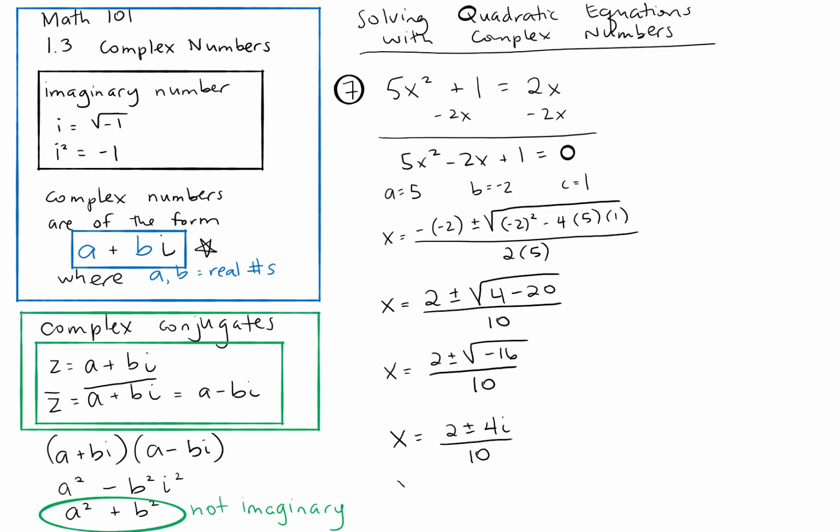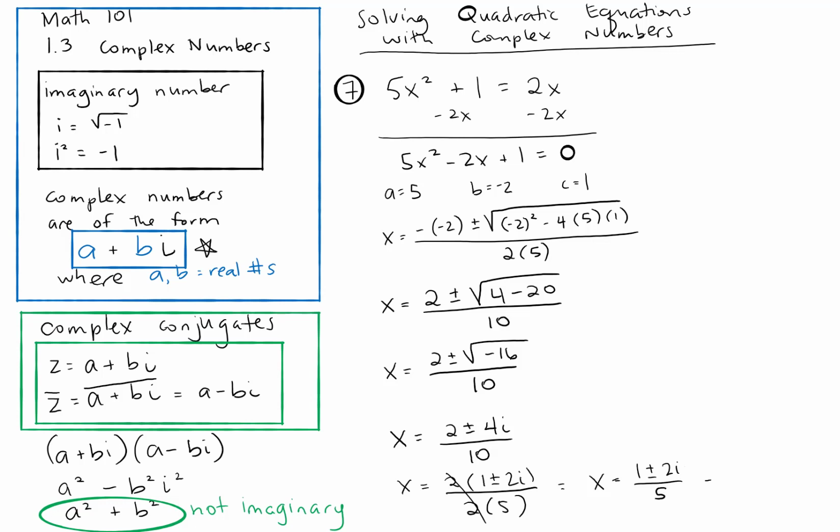Now we can simplify this, so we're going to write x is equal to 2 times 1 plus or minus 2i over 2 times 5. Crossing those 2's off, I get x is equal to 1 plus or minus 2i over 5.